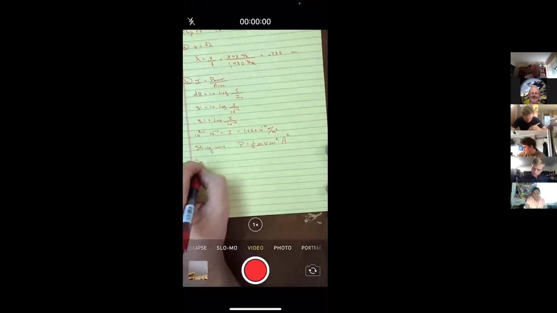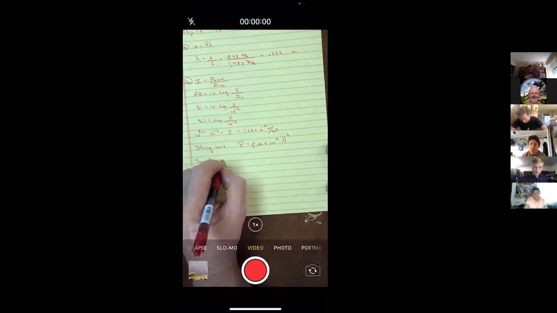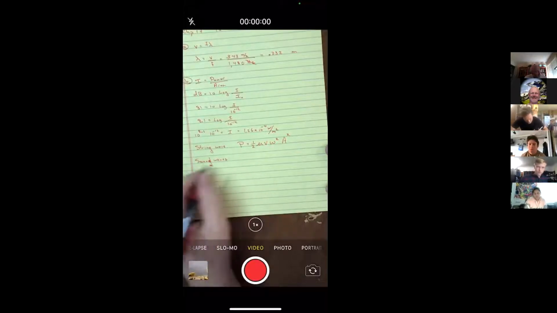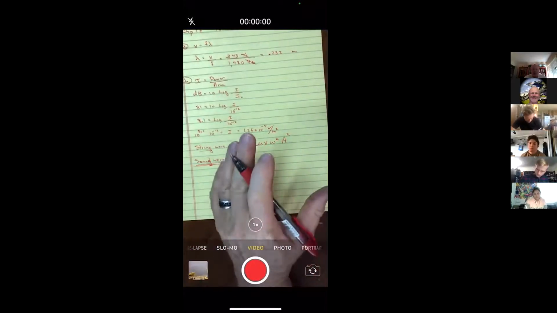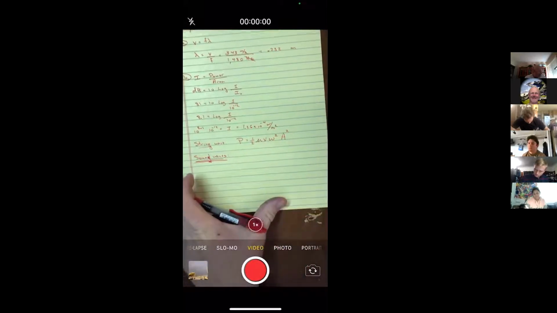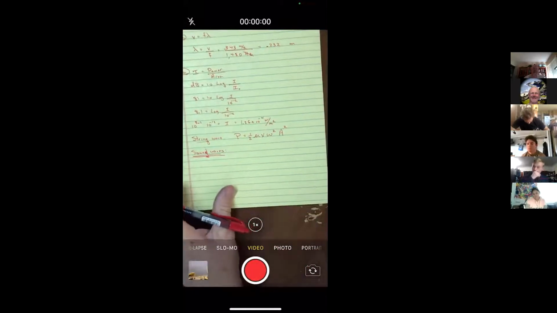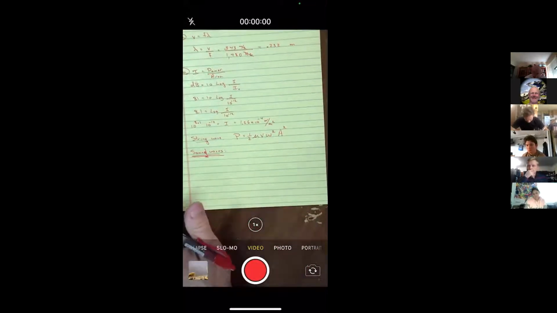Now, when we got over here into this chapter with sound waves, talking about the power wasn't as useful, although it can be. In fact, I'm thinking of a problem we did earlier today. They said that the power coming from this speaker system, a public address system, was 6 watts.